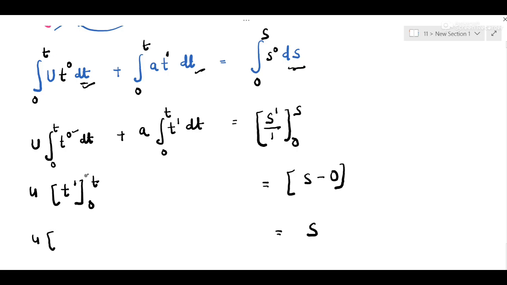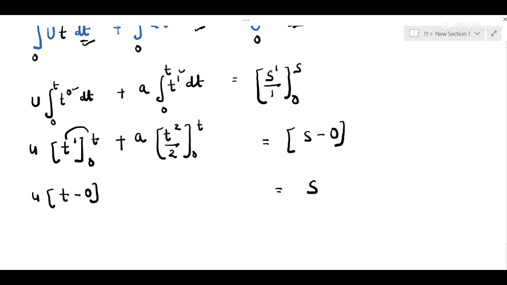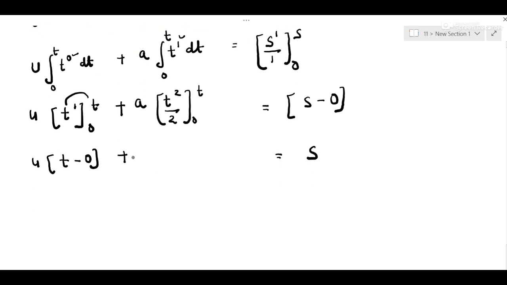Similarly, in place of t, upper limit will come minus lower limit, plus a. Here t to the power 1 is there, so 1 power would be increased and divided by the increased power. Limit is from 0 to t. Now plus by 2 is coming forward, so t square, 0 to t.